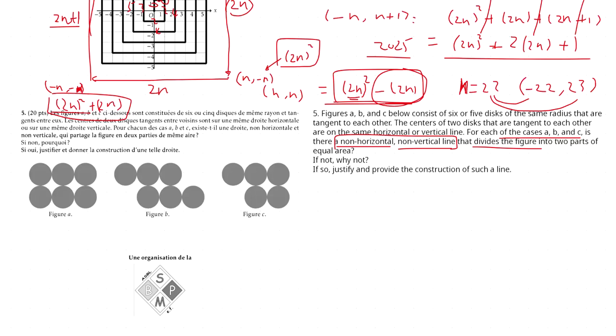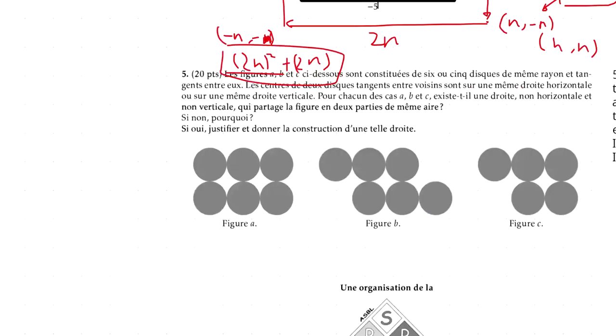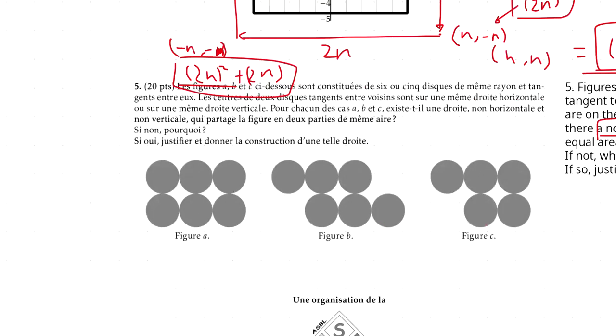Yeah. So that is a good finding. For the first drawing, the figure A has six circles in two rows, and we can easily find the center. There are two rows and three columns, so we can find a center here. I'm going to also change the color. So the center of this shape, which is also a tangent point of two circles, is a rotor center, or the center of the rotational symmetry.